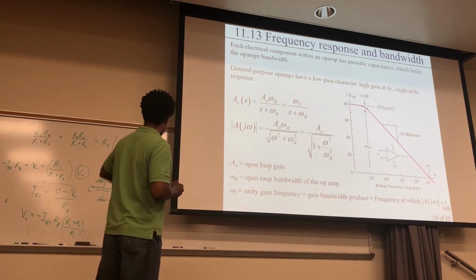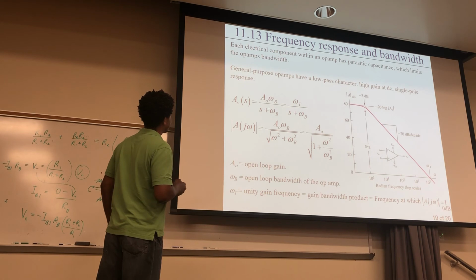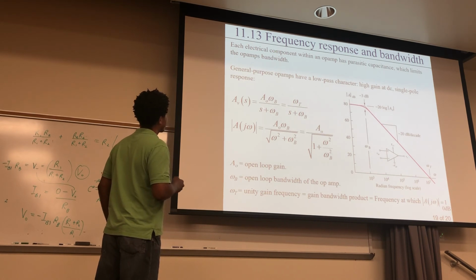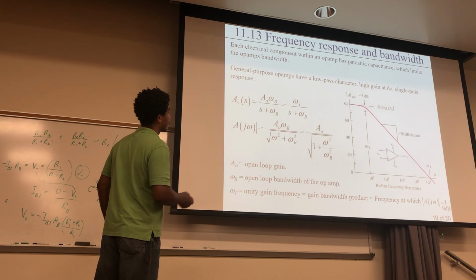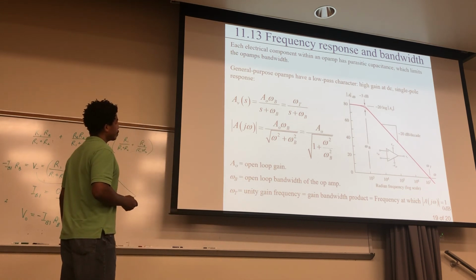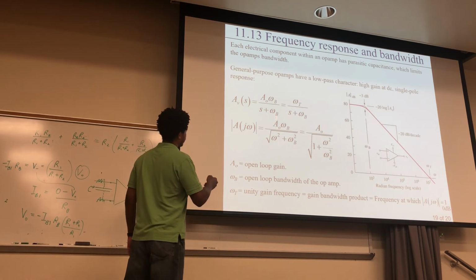These general purpose op-amps have this low pass character where you have high gain at DC and a single pole response. So it looks sort of like this right here. High gain, but with the single pole response, it falls off. That's the 3 decibels down point right there. And if you look at the magnitude, it looks like this, where the square root of this squared plus that squared is the magnitude of this, substituting j omega in for s.